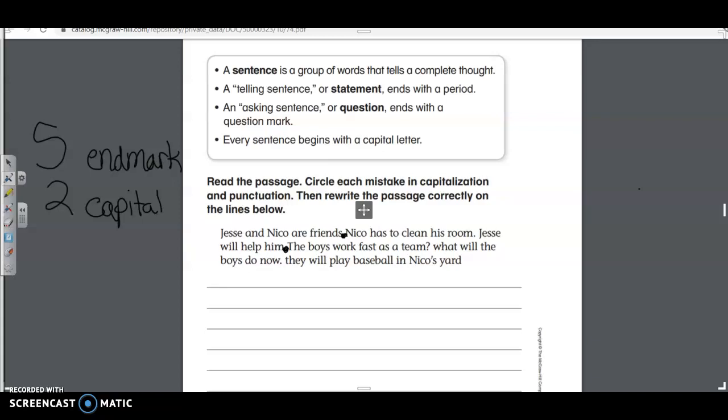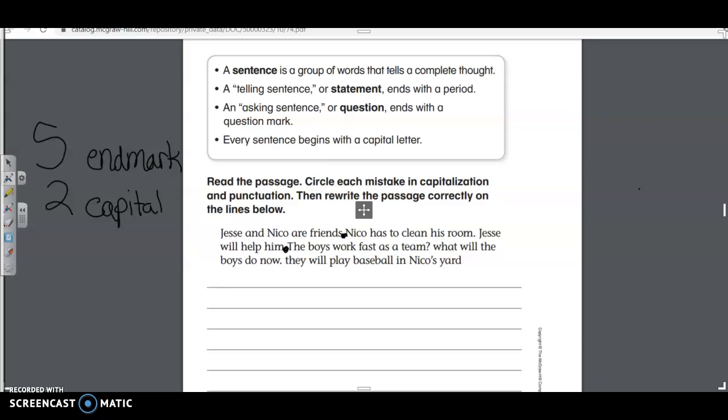What do sentences need? They need two things. Does that sentence have both of those things? What kind of sentence is it?